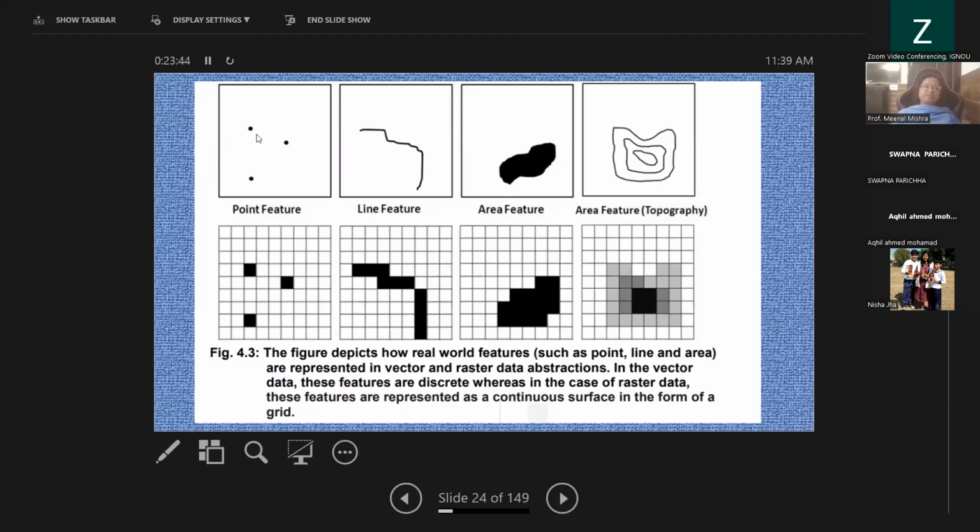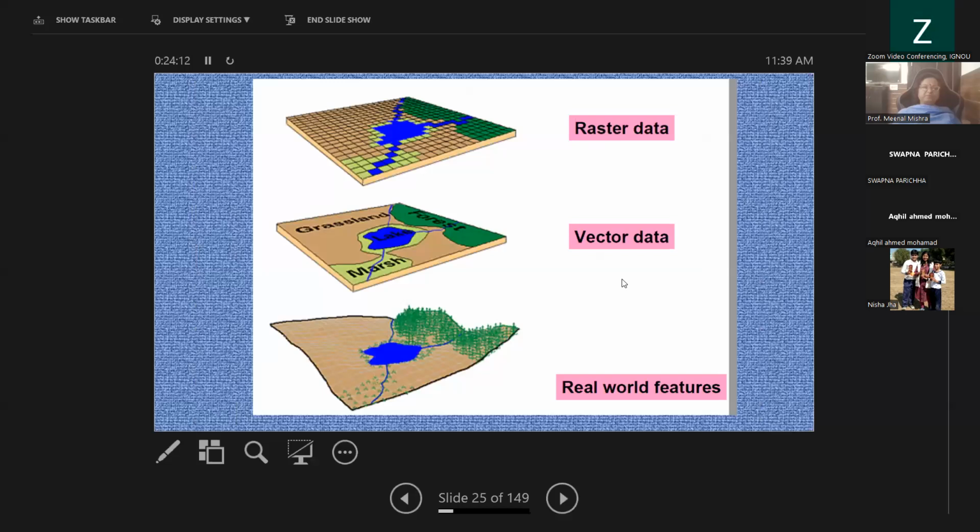Hope this is clear. The top gives you the vector data, and the figures beneath give you how the raster data is represented in the form of point feature, line feature, area feature, or the topography, using vector data and raster data. Again, the same thing. These are the real world features.